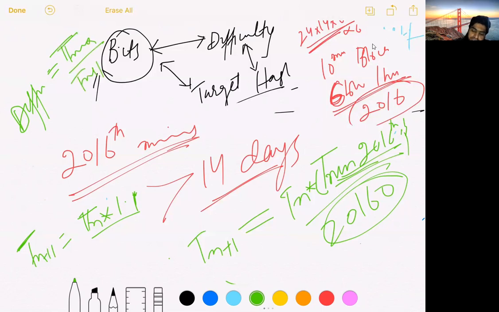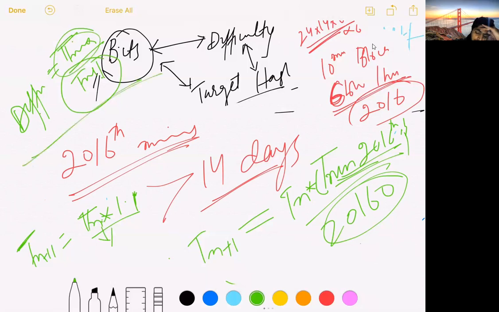T max, you understand, is the target hash for the Genesis block, that is the maximum value. Now if Tn plus 1 is greater than the top value T max, then difficulty will be less than 1.